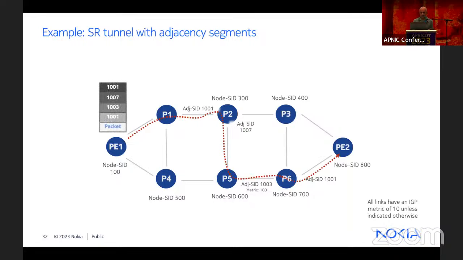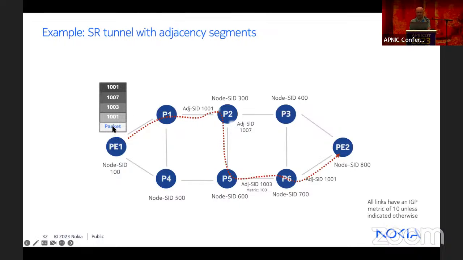So what you do is you put a stack on it that looks like this. Now I want you guys to have a look at this and say, what is it actually doing? It's completely made of adjacency SIDs. I've taken a little bit of a shortcut here as well. But essentially what it's saying is P1 will have a next hop label forwarding entry that says, for this packet, send it out on the interface to P1, right?